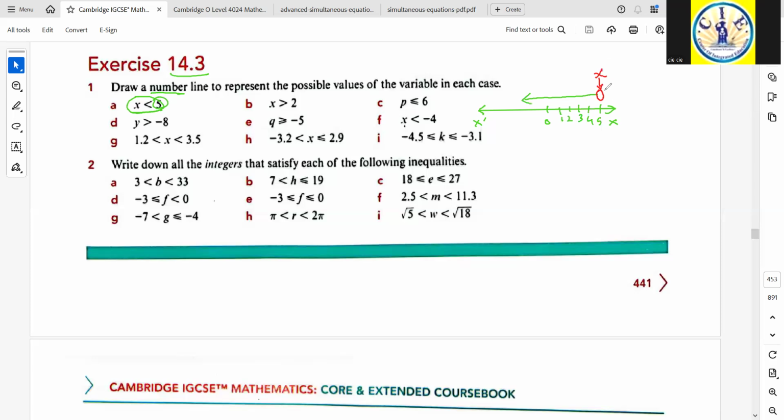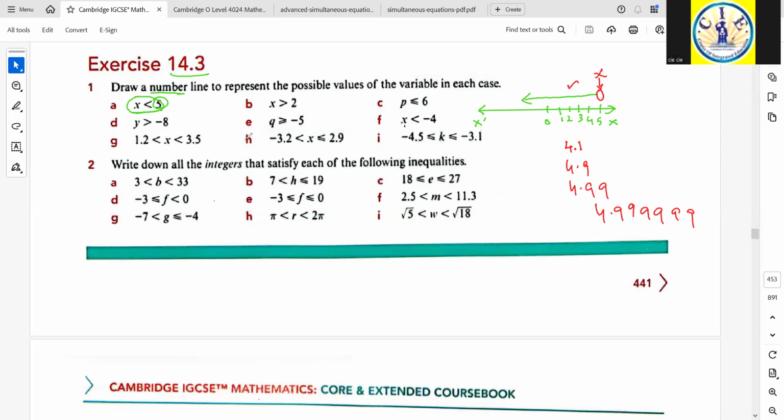Rather, any value which is lesser than 5 is included in this. For example, 4.1 is also in this range. If it is 4.9, or 4.99, or 4.999999, any value which is lesser than 5 is a part of this solution.